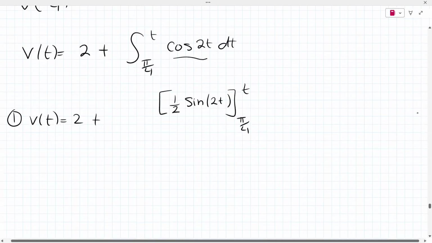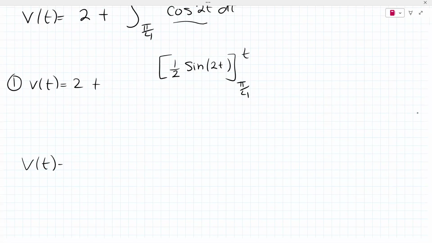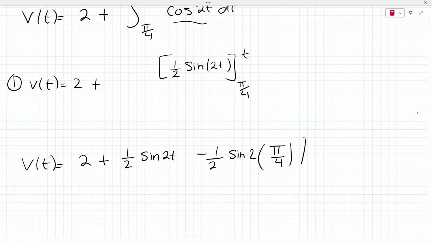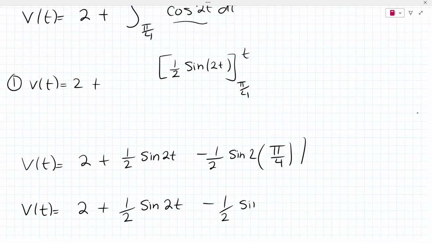So you get 2 plus, and if you apply the fundamental theorem, it's going to be 1/2 sine of 2t minus 1/2 of sine of 2 times pi over 4. And you get v of t equals 2 plus 1/2 sine of 2t minus 1/2 of sine of pi over 2.